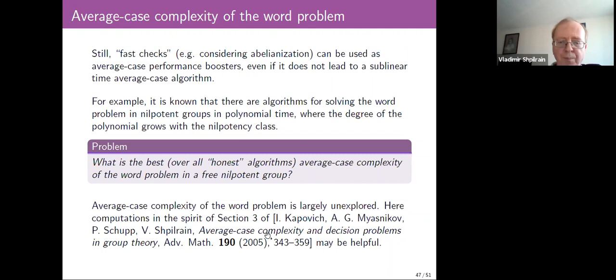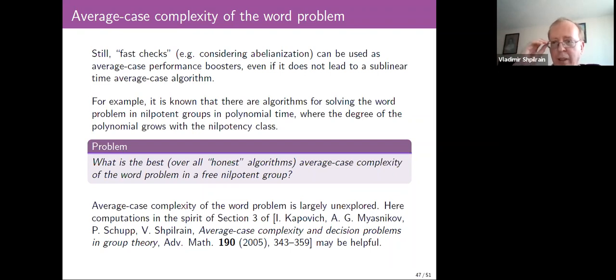So in this paper on average case complexity, the computation that we did in section 3 is relevant to the case where the given group G has an algorithm for solving the word problem, and this algorithm works in sub-exponential time. And also the group G has a factor group where the word problem is solvable in a complexity class C, whatever it is.